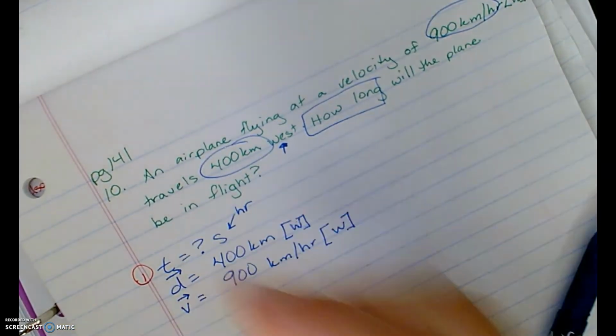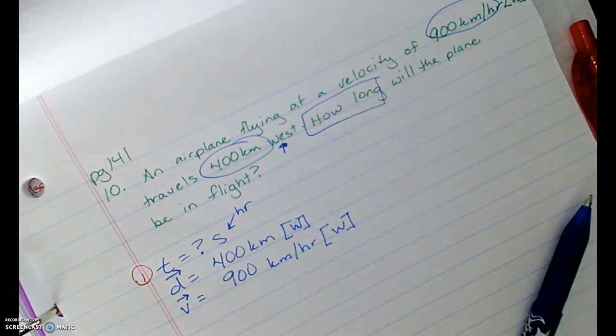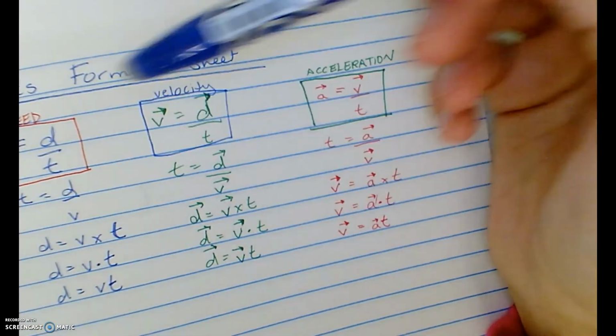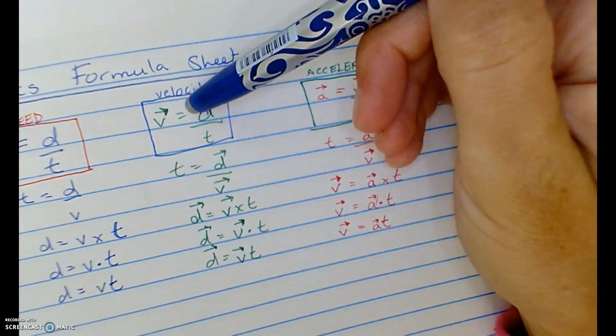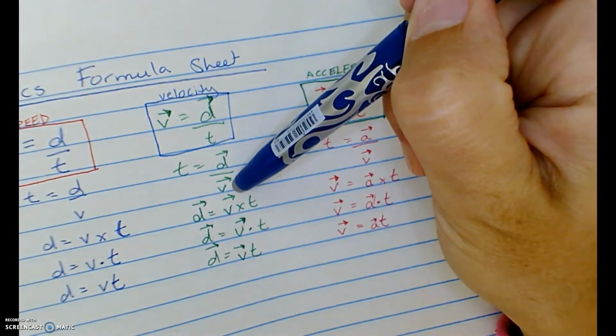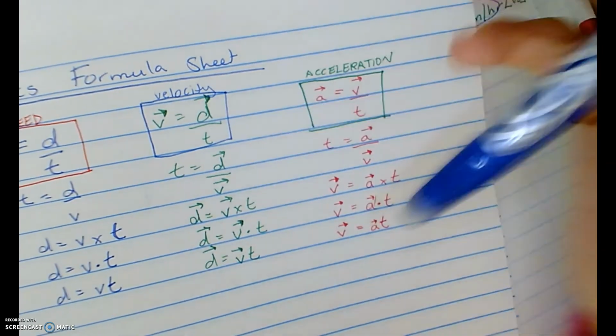Step 2, let's find our formula. Oh, we don't remember which one it is? That's okay. Let's bust out our handy dandy formula sheet. We're looking for t equals, and it has a displacement and a velocity. This is speed, this has velocity, this is acceleration, we don't need that one. So t equals something with displacement and velocity. Here we go. So d over v.